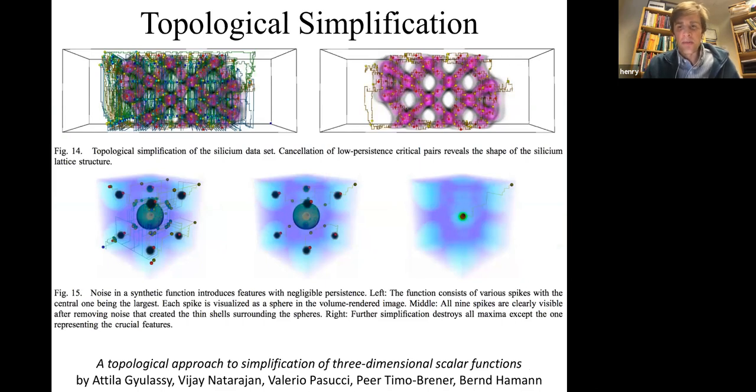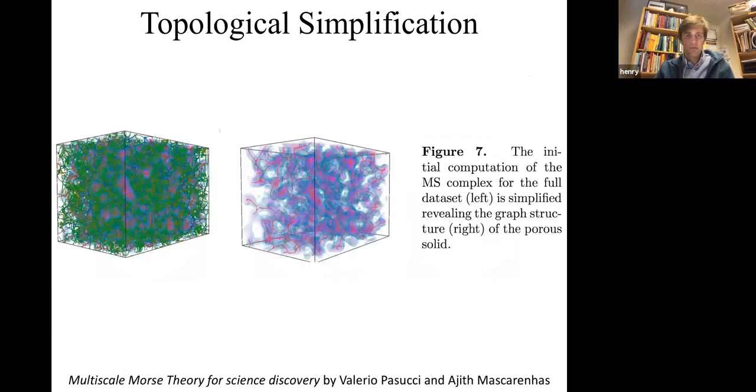Whereas on the right, we've simplified it down quite a bit, many fewer extrema. You can get quite nice visualizations. Again, we're simplifying as we go from the left into the right. All those green minimal energy paths on the left, many of them disappear in the picture on the right.